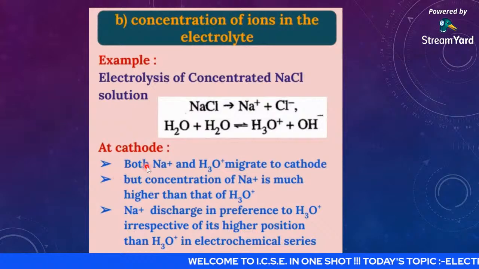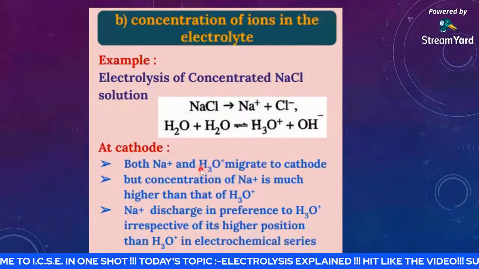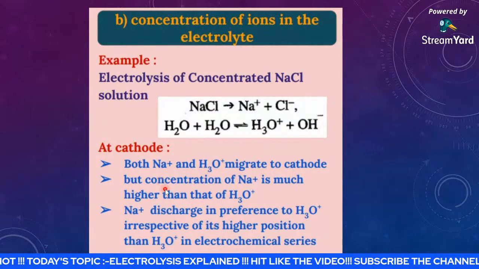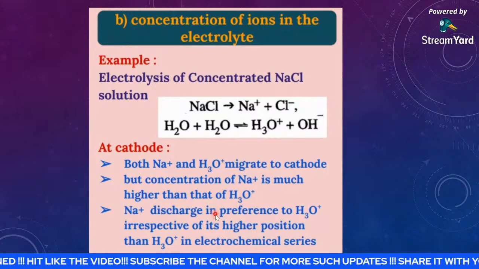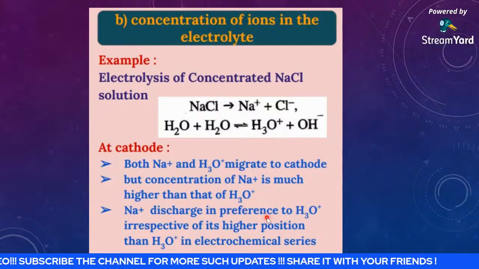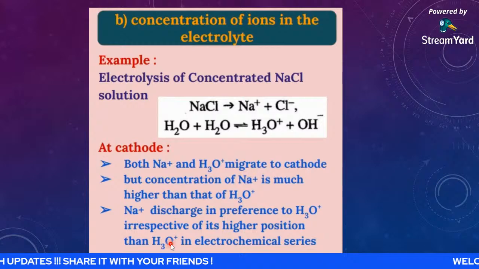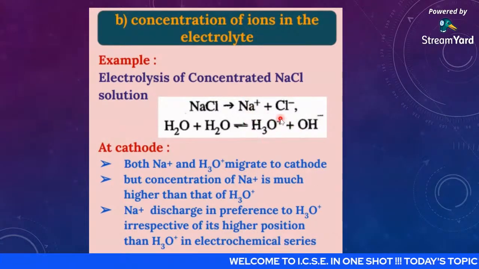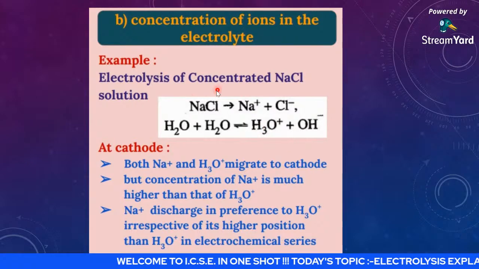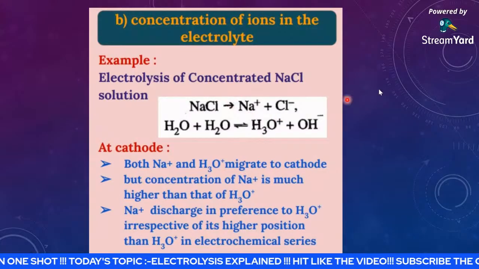At the cathode, both Na+ and H3O+ hydronium ions migrate towards the cathode, but the sodium concentration is much higher than that of hydronium. Sodium discharges in preference to H3O+ irrespective of the higher position of sodium in the electrochemical series. Supposedly H3O+ was about to be discharged, but since it is very concentrated NaCl, the Na+ concentration is more, as a result of which sodium gets the preference. Clear?